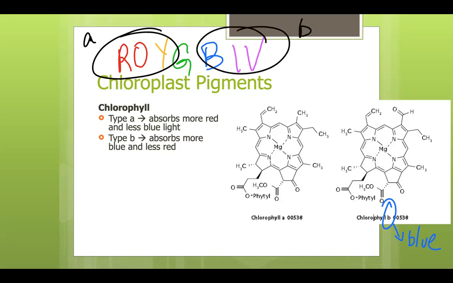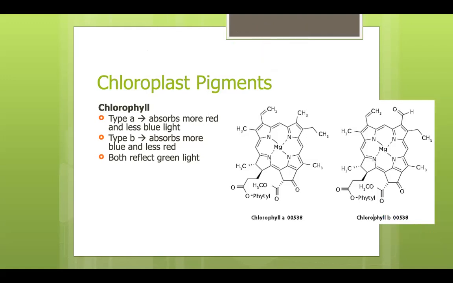Chlorophyll B absorbs that end. And then guess which one neither one of them absorb, which is reflected. Green. So this is why plants appear green, because of chlorophyll. It's the only range of wavelength of light that chlorophyll reflects. Both reflect green light.